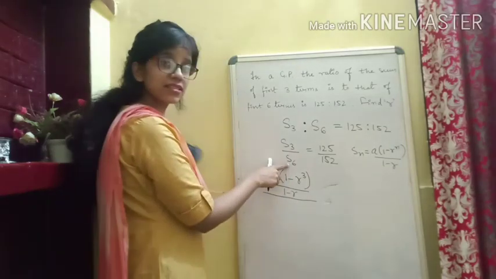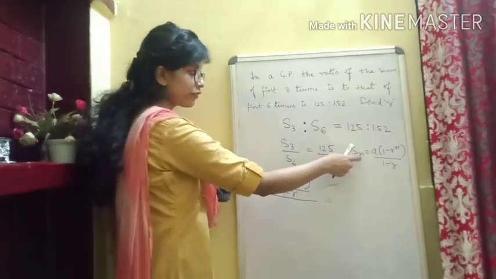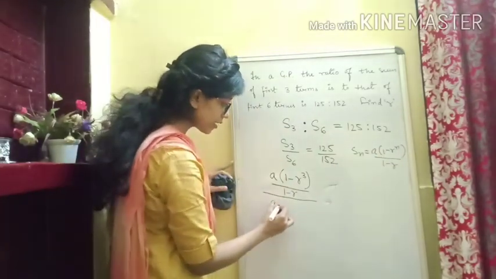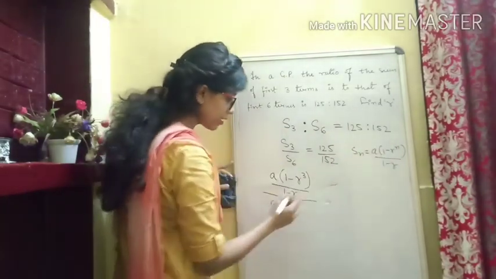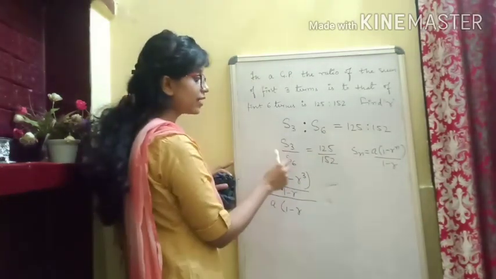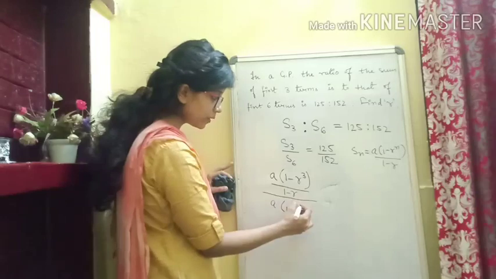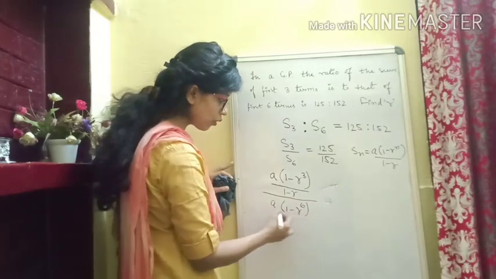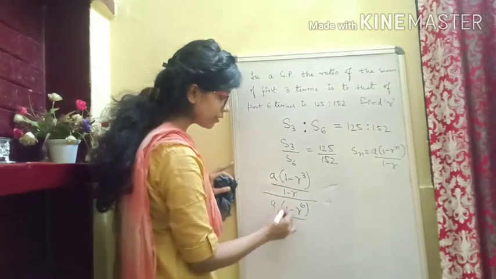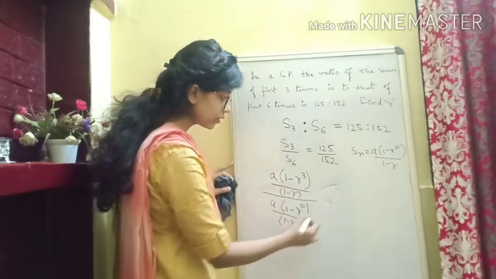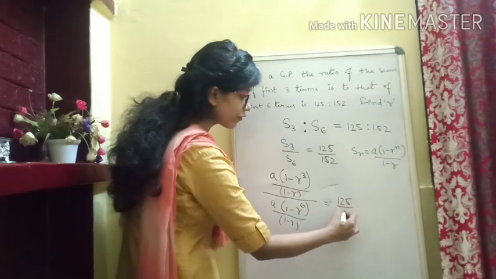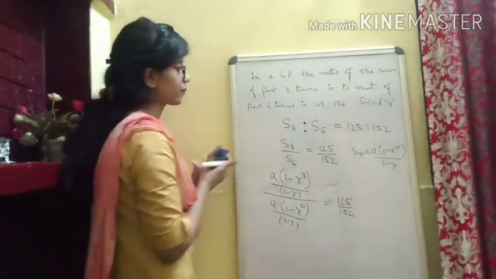Okay. Now S6. What is our expression according to the formula? If you apply S6, that would be a again into (1 minus r to the power 6) upon 1 minus r. Is it okay, everyone? Equals 125 upon 152. Clear?